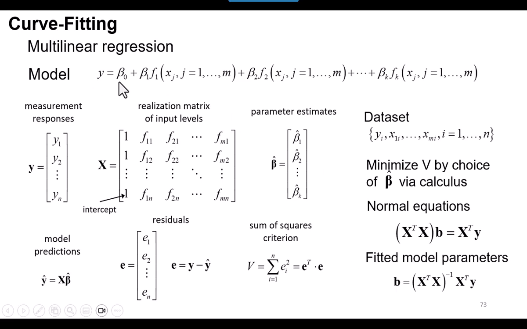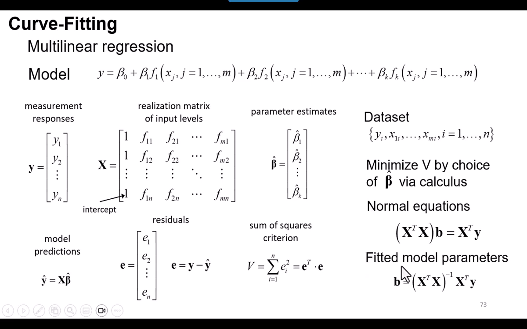Now, because of the linearity here, this problem can be solved via calculus, taking derivatives and setting equal to 0, and we end up with the solving of the normal equations to find the values of b, which are our estimates of the parameters for our given set of data.